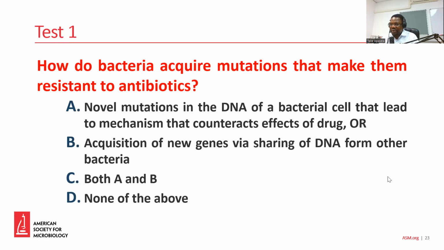So the answer choices are: A, novel mutations in the DNA of a bacterial cell that lead to mechanisms that counteract the effect of the drug; B, acquisition of new genes through sharing of DNA from other bacteria; C, A and B; or D, none of the above?